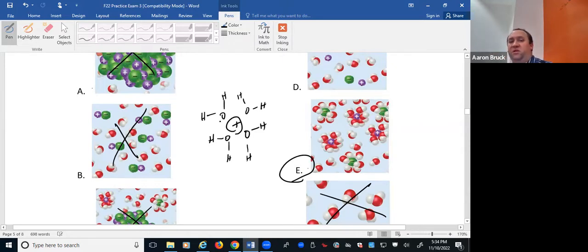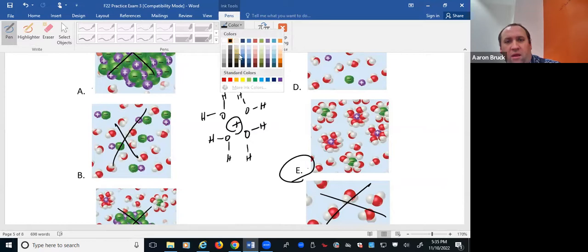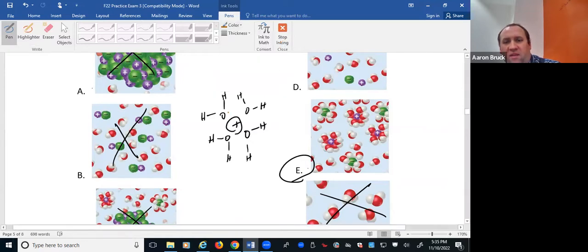And that should make sense to us, right? Because if we're looking at the polarity of water, this is the negative side, and this is the positive side.